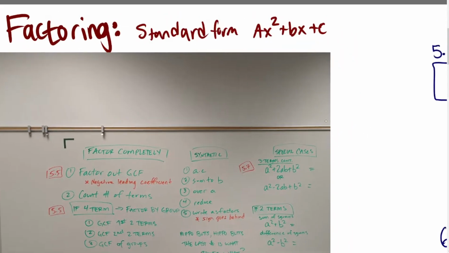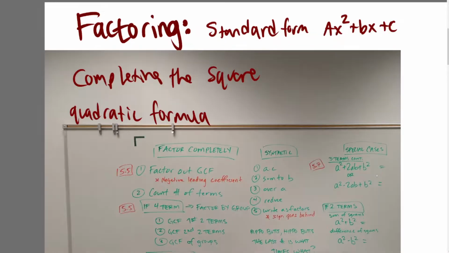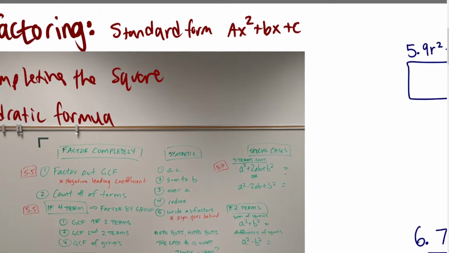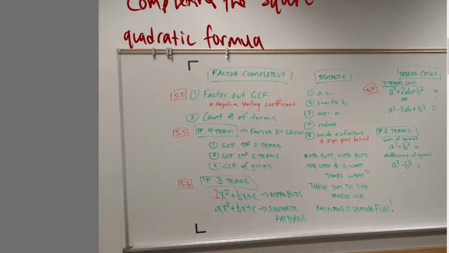Those two methods are completing the square and the quadratic formula. We'll get into some examples of completing the square and the quadratic formula in just a moment. First, I'm going to go over some common problems that you might see, and go through the strategies and solve them.